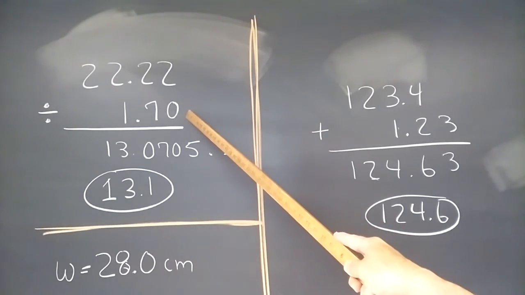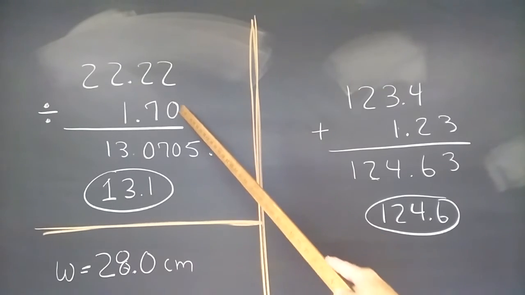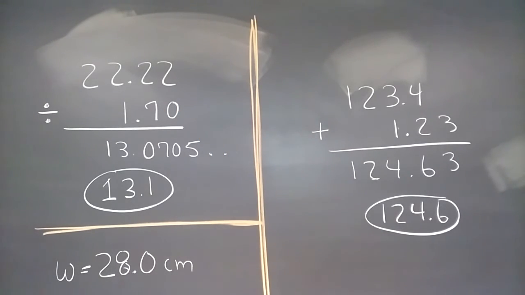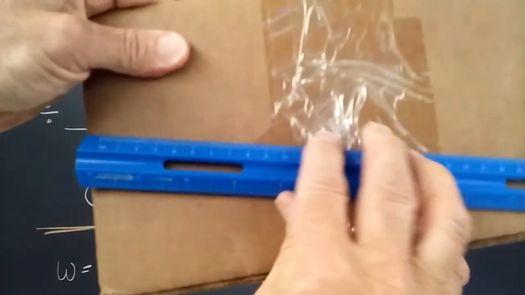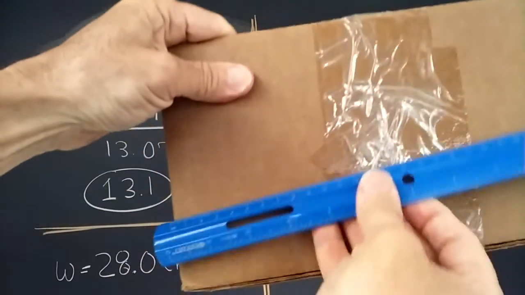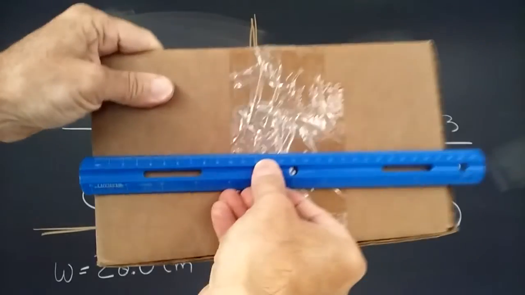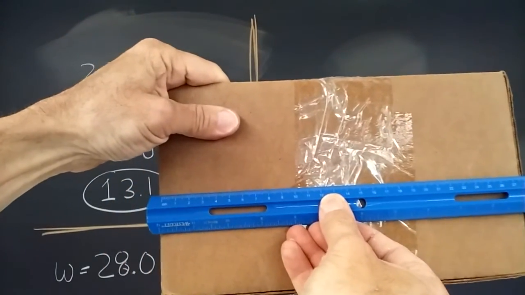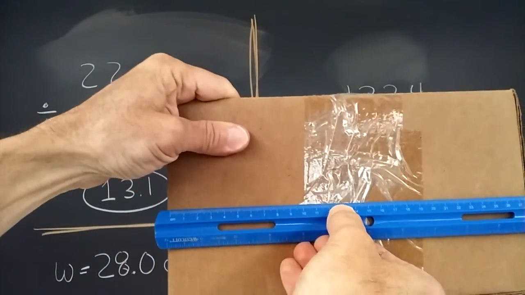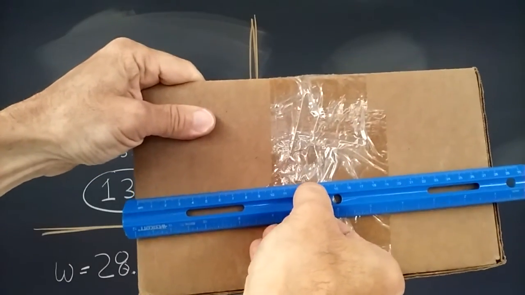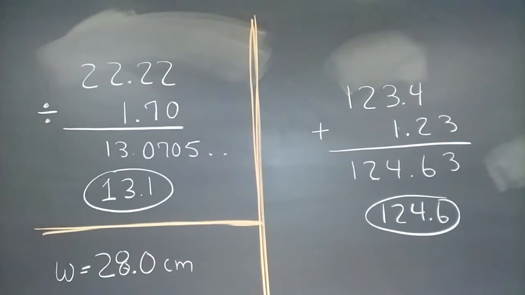Let's say, as an example, I was going to measure the size of this box here. Here's a cardboard box, and I've got a ruler, and I'm going to measure how wide it is. You might not be able to see the numbers, but that's okay. When I do that, I get 28 centimeters.